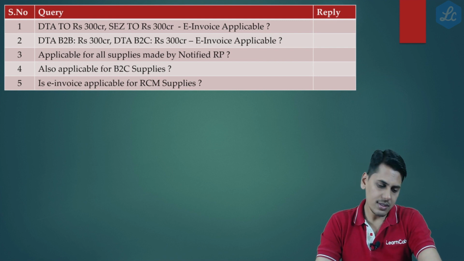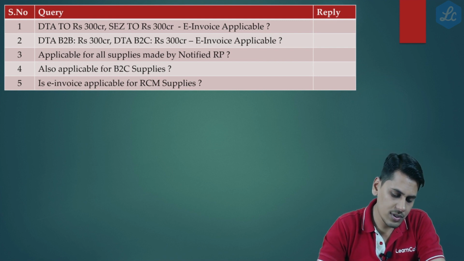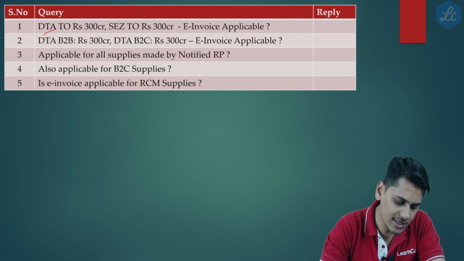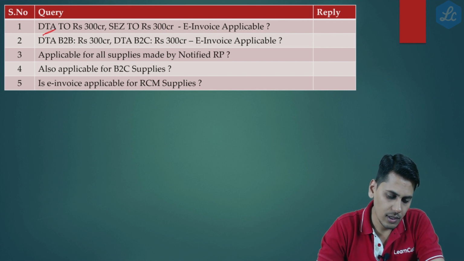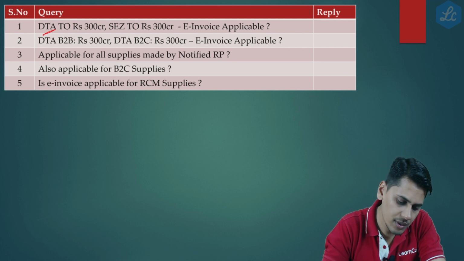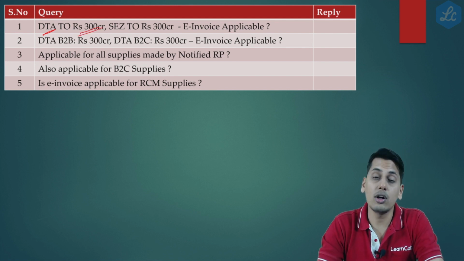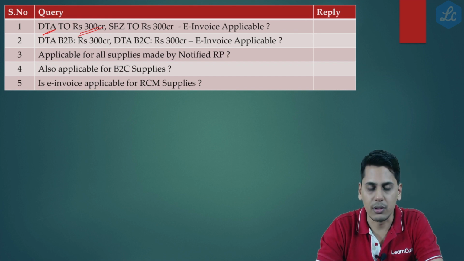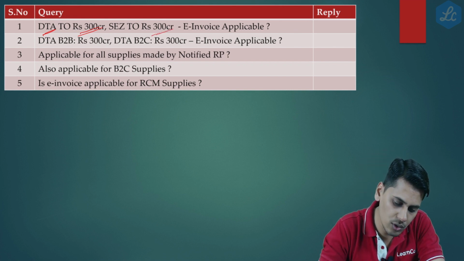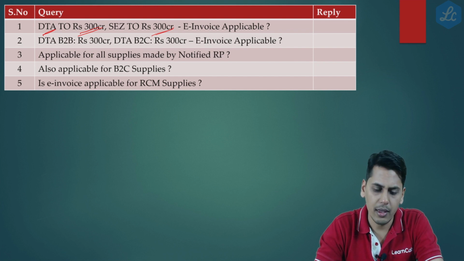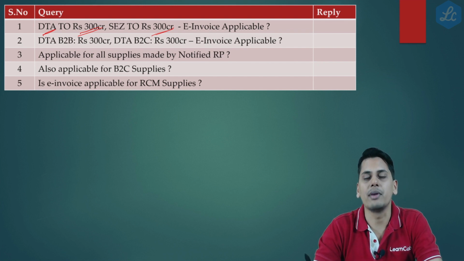Let's take few examples. Let's suppose there's a business which is having a unit in domestic tariff area. The turnover is 300 crores. The very same person is also having a unit in special economic zone. The turnover of that special economic zone unit is 300 crores. Is e-invoice applicable?